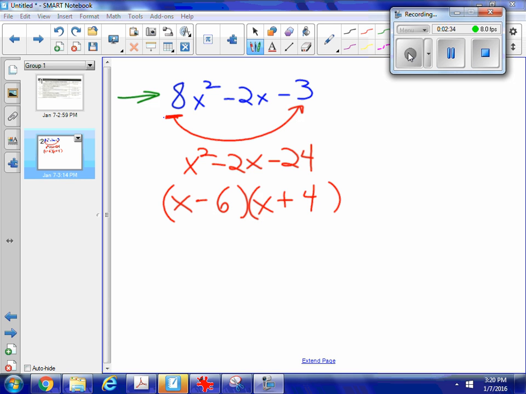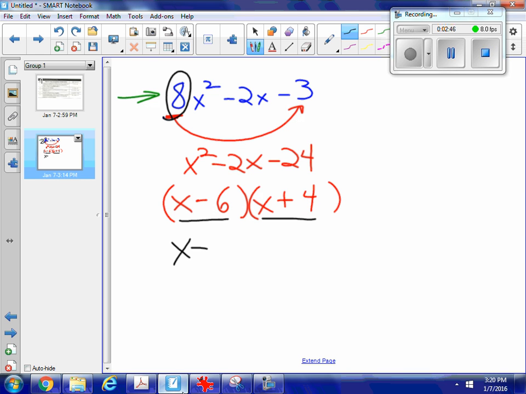So I'm going to take this 8 that we were working with in the beginning, and I'm going to divide the constants in my new binomials by 8. So I'm going to get x minus 6 divided by 8 times x plus 4 divided by 8.